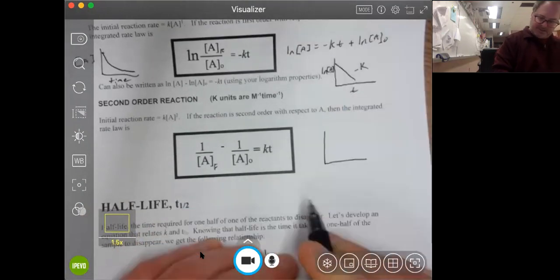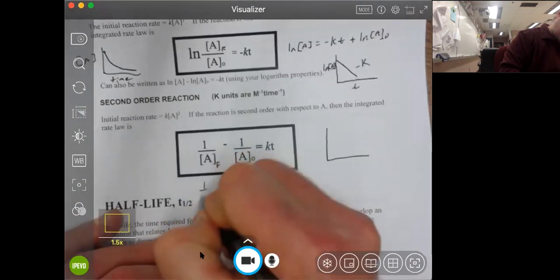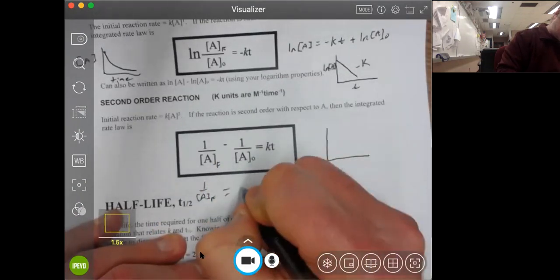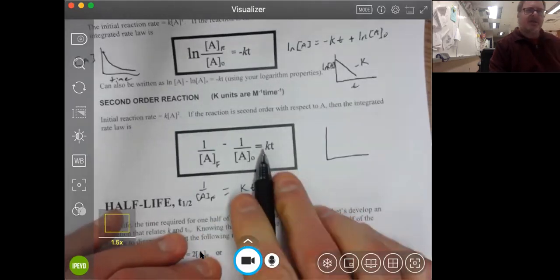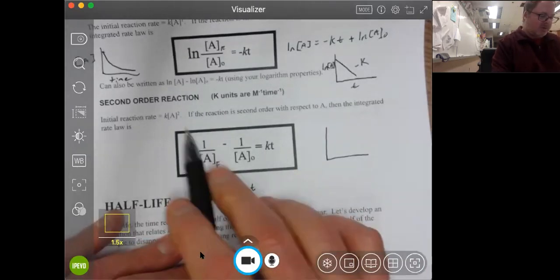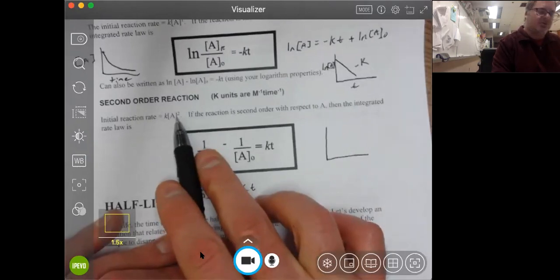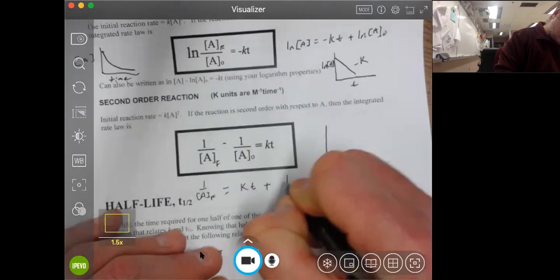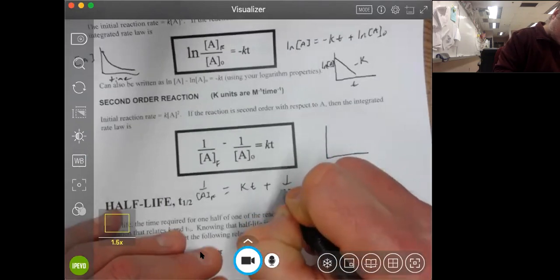So if we were to change this, we get A final equals, now notice for this, the K is positive. Keep in mind that we are squaring the concentration and we want to add the naught.